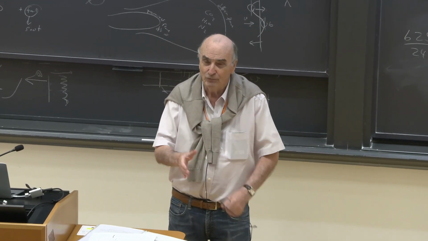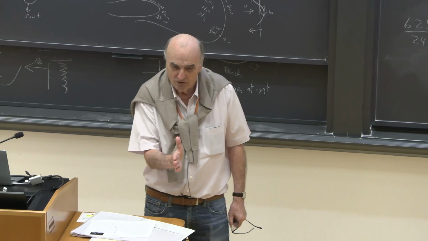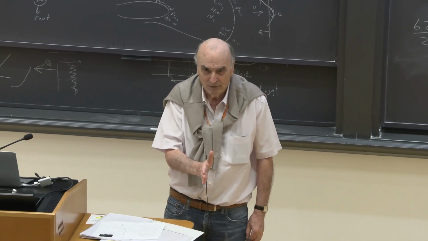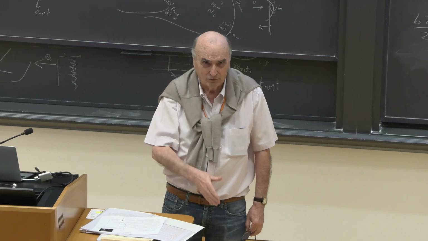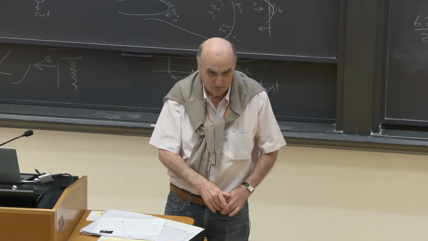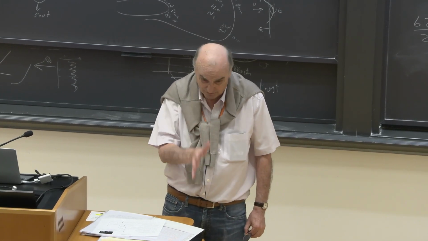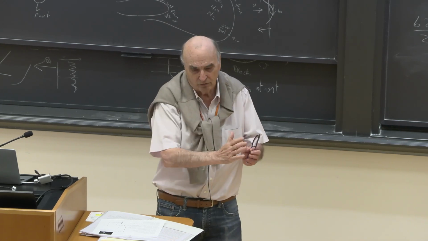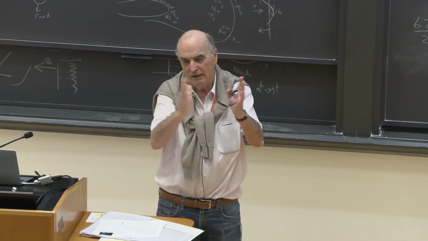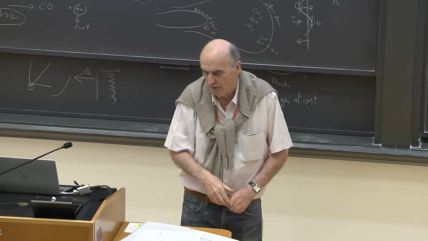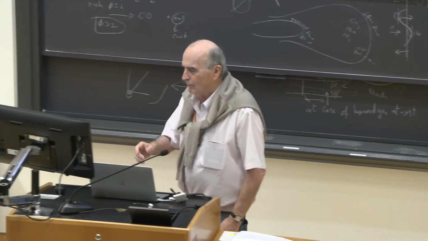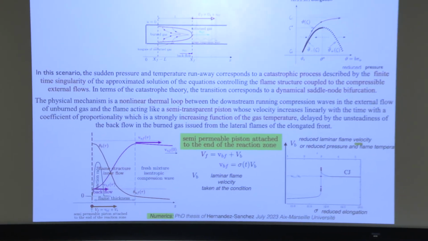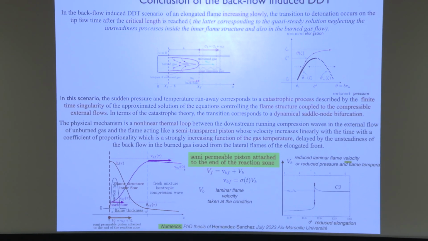Because if you develop a shock sufficiently strong on the hot side of the flame, the reaction rate is going to increase strongly, and the detonation is going to be built. Now you have to see that by numerics, see how it works.